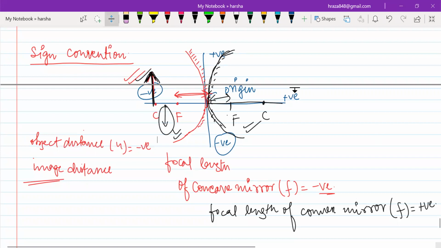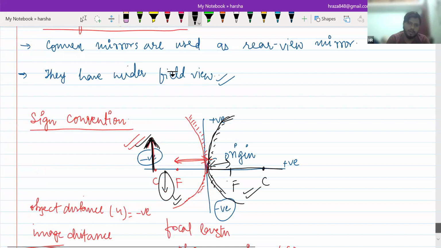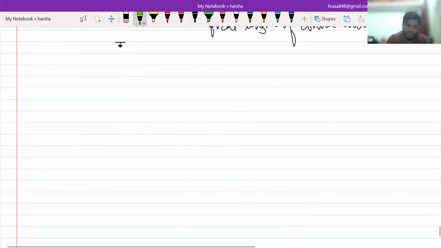Now we are going to the mirror formula. Do you know what it is? The mirror formula is the mathematical relation between image distance, object distance, and focal length.